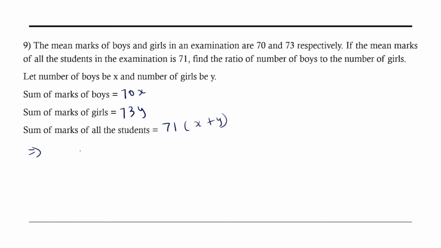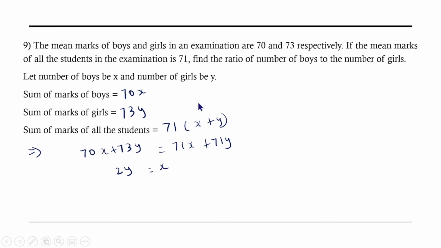So this implies 70x plus 73y equal to 71x plus 71y. So let us take x on one side and y on the other side. So 73y minus 71y, it will be 2y equal to 71x minus 70x, which is x.